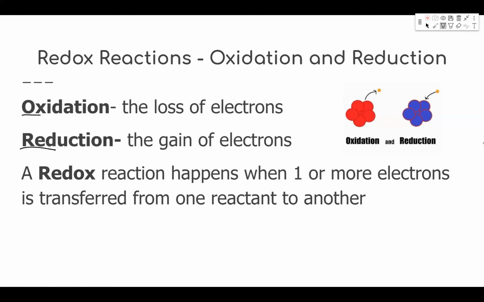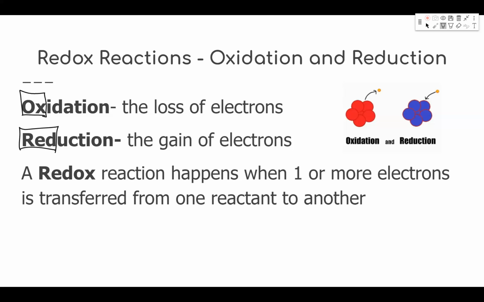Redox. Reduction, oxidation, redox reactions. Oxidation is the loss of electrons, and reduction is the gain of electrons.